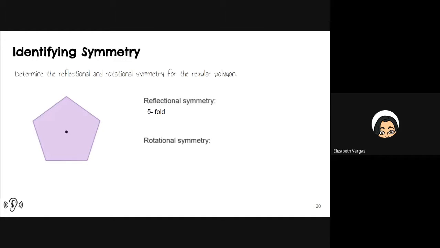One person. What is the number of rotational symmetry?